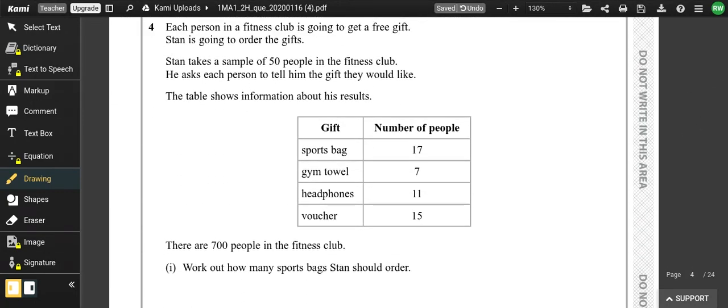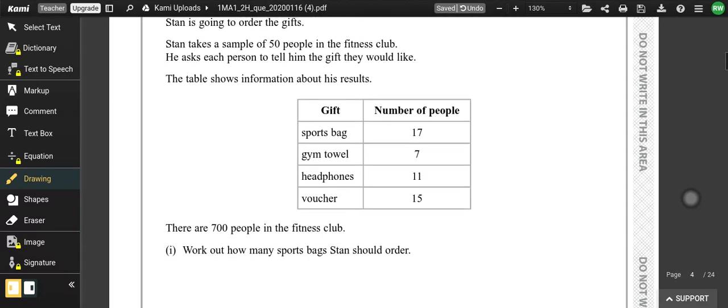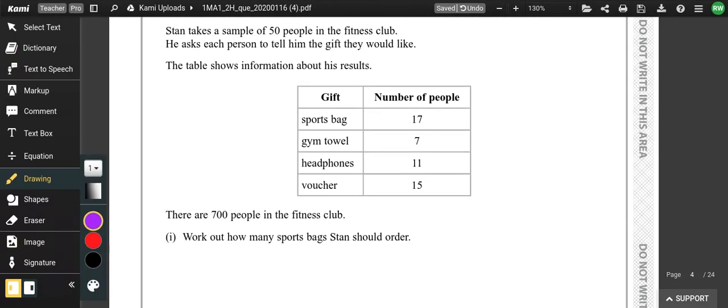This is a sample. This is a stratified sample. So the 50 people are representing the total from the gym. So if we look at the sports bag, we have 17 here out of the total 50. And then we scale that up to the 700 people.